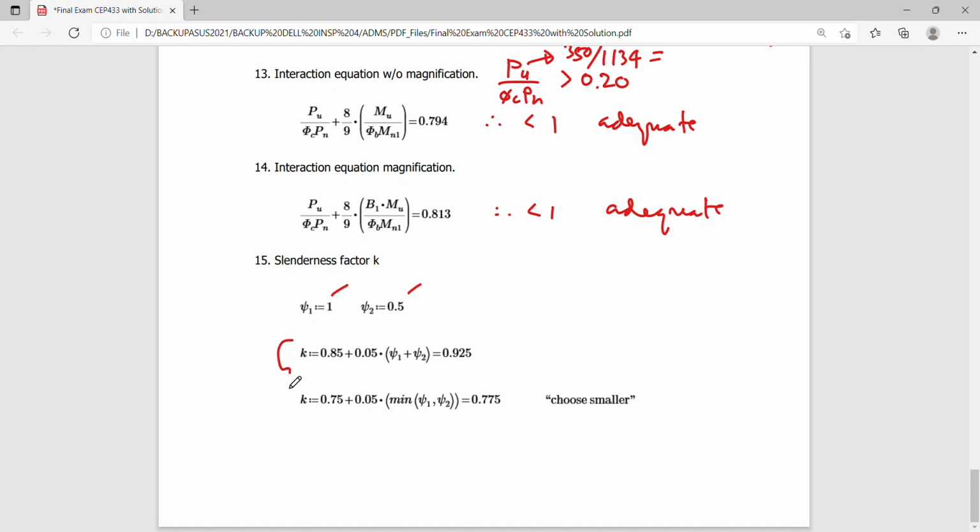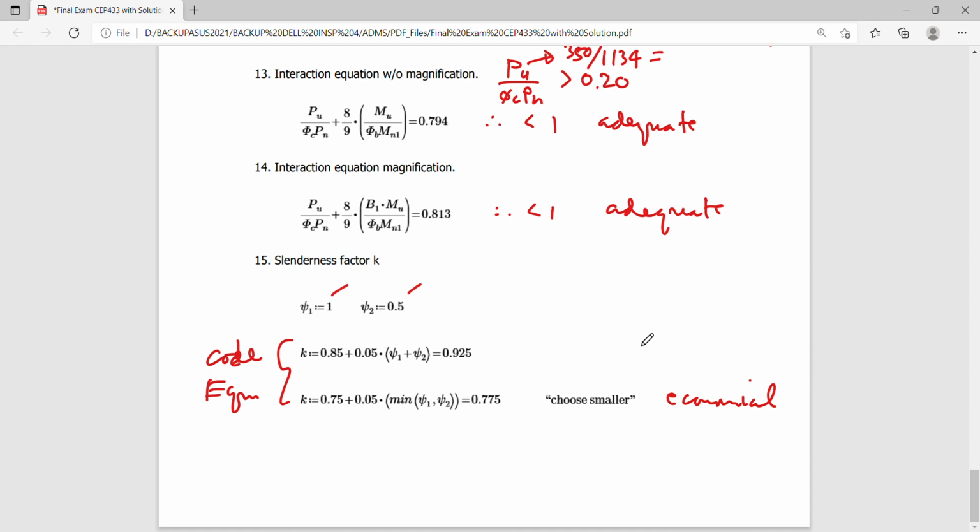So these are now the two equations we can refer to, and taking note that if you get two values here, we simply choose the smaller value to get a more economical parameter in the design analysis procedure.